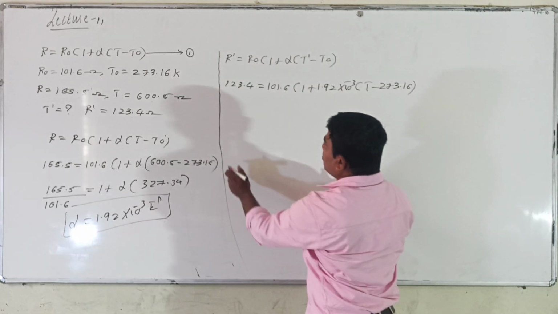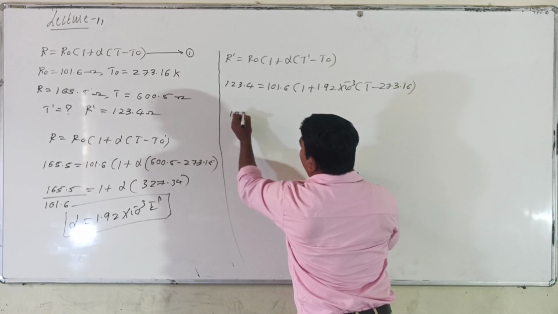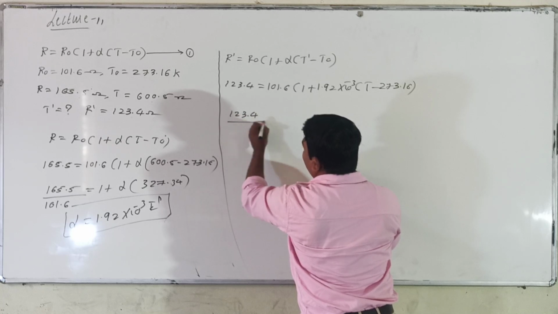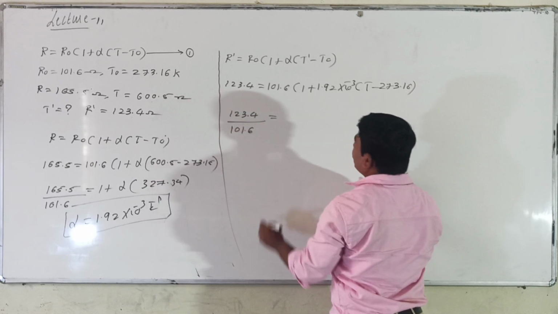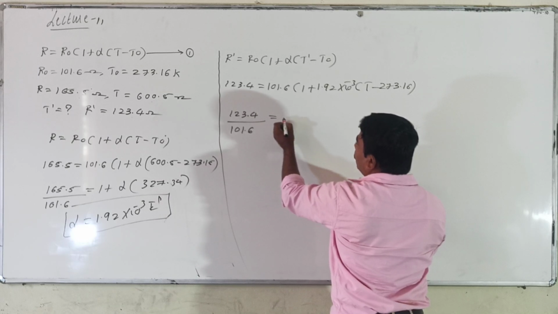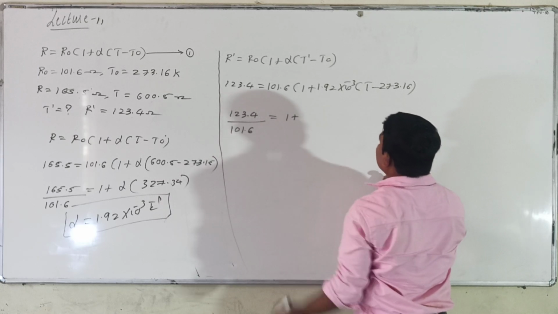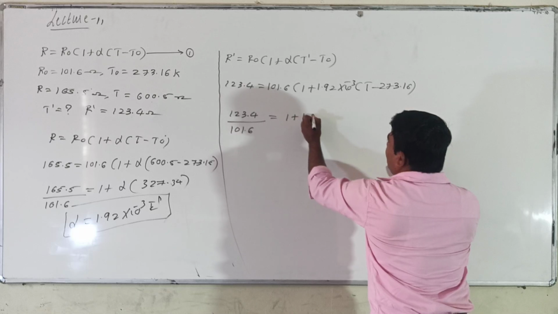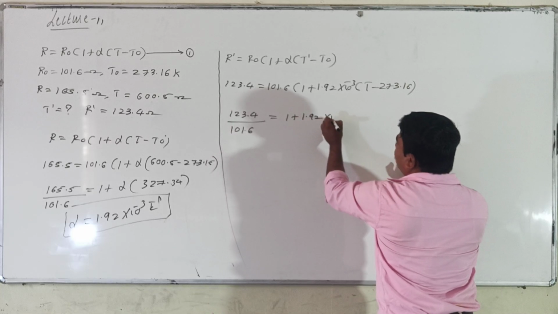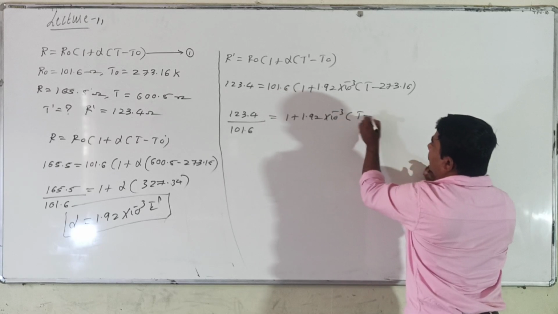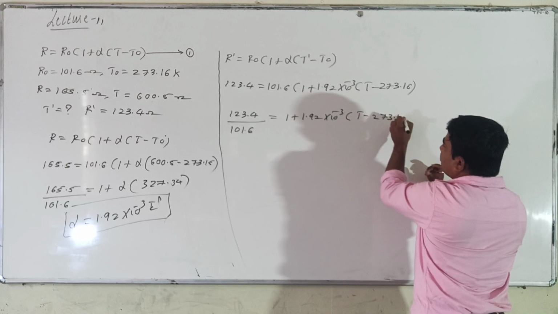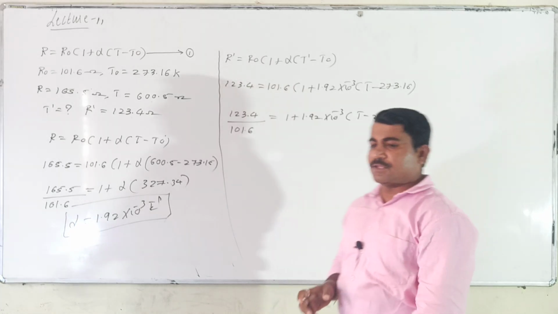Or we can solve. See here. 123.4 whole divided by 101.6 equal to 1 plus 1.92 into 10 raised to minus 3 into bracket T minus 273.16. Are you following this?